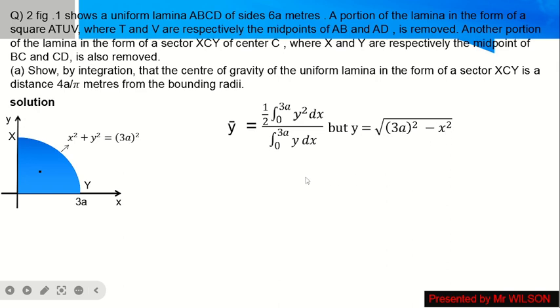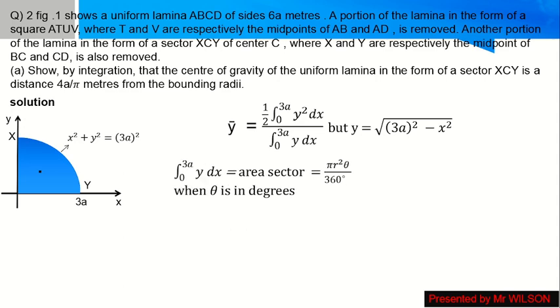With that, there's one thing we need to note. The integral from 0 to 3a of y dx is the area under the graph, and since the graph here is a sector, it will be the area of a sector.